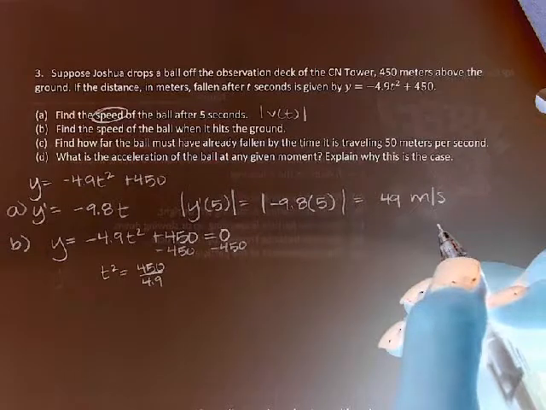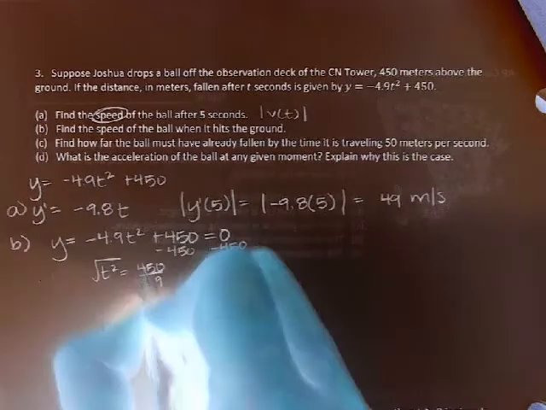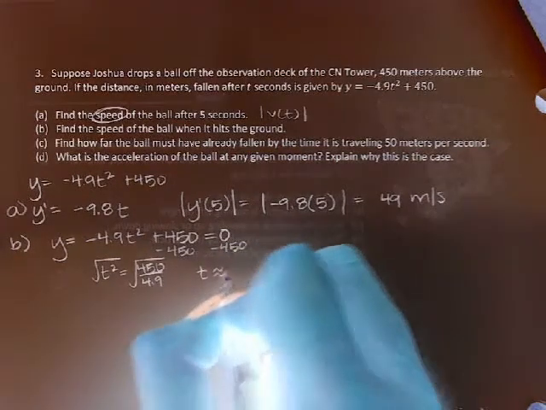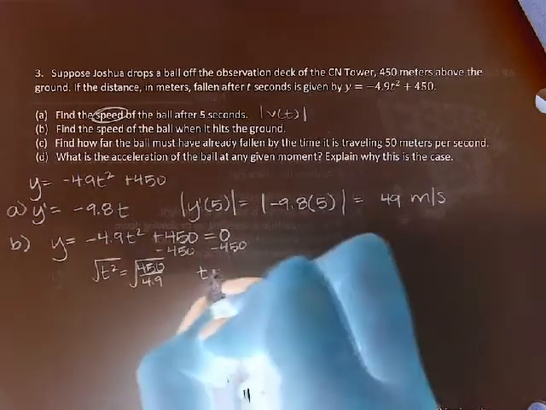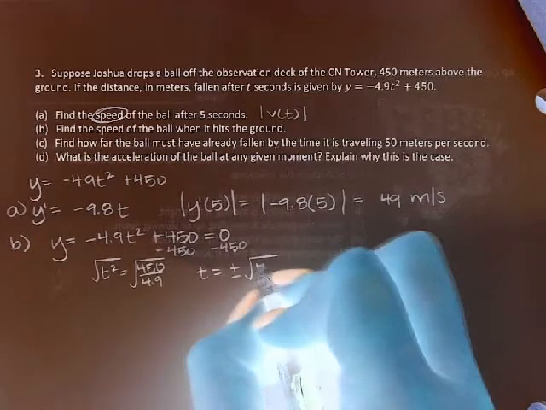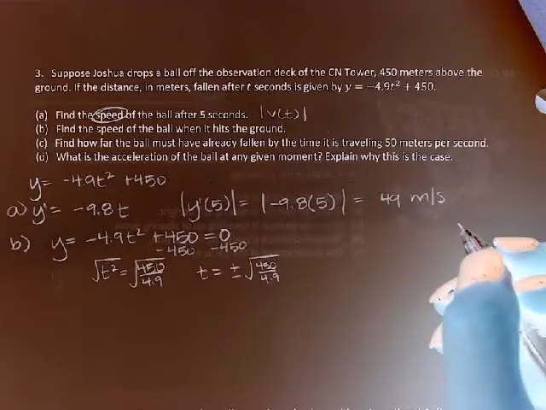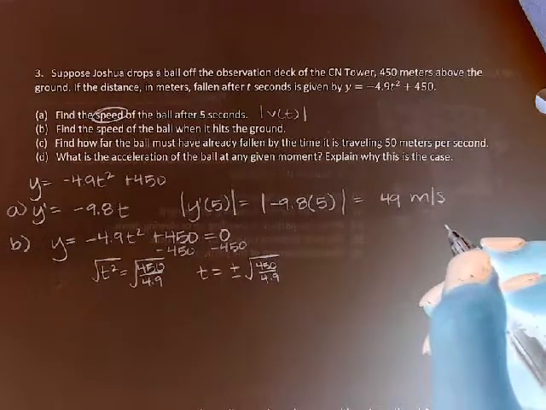Okay, and then how do I solve for t? And whenever I square root, how many answers do I get? 2. So I'm going to say t is plus or minus the square root, and I'm just going to leave this as that number so that I have an exact answer right here. And what am I doing now with that number to find the speed of the ball when it hits the ground?